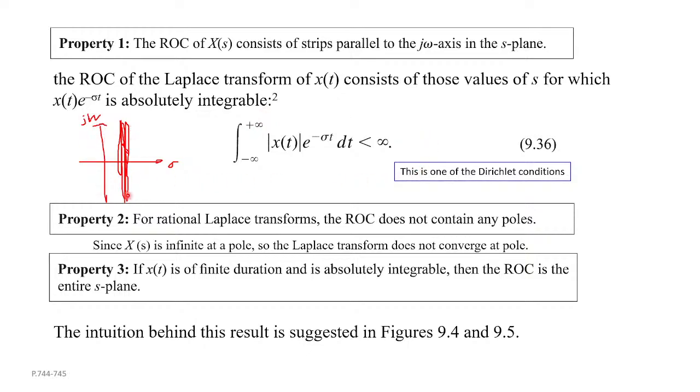Then we think the whole strip here, the whole line with some sigma, will be in the ROC if this thing is finite. And this makes sense because if you think about the Fourier transform of this thing, this is exactly the first Dirichlet condition for the function's Fourier transform to converge. But let's go a little bit into the part we ignore.